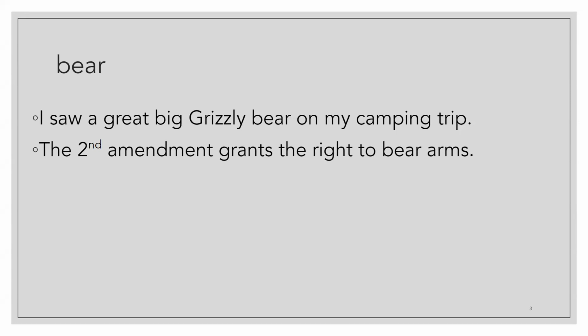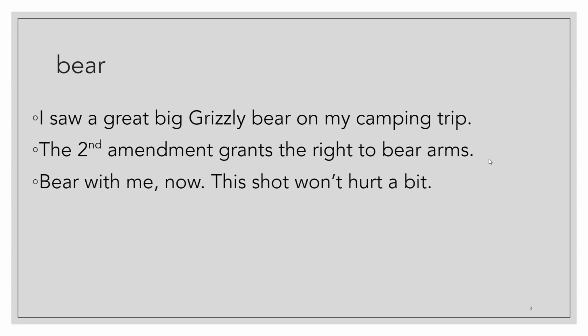That's a verb, and it would mean something like to carry or to hold, right? To own, to have. Or another verb, bear with me, meaning be patient, await, tolerate, right? So some very different meanings.